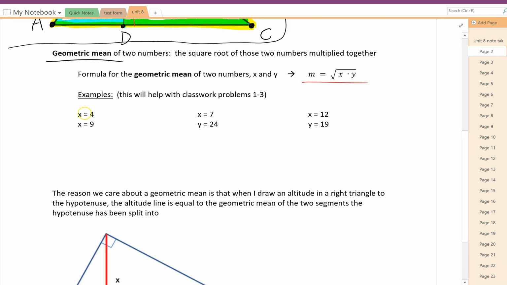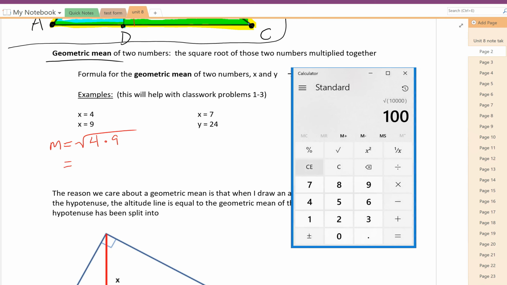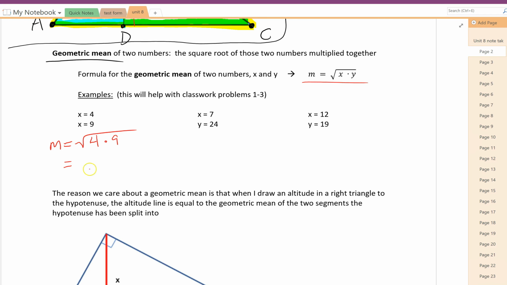So if I want to know the geometric mean of 4 and 9, I would just say the mean is equal to the square root of 4 times 9. So I go to my calculator here, unless you can do this in your head. 4 times 9 equals 36. And then I would take the square root of that, and it would give me 6. All right, so the geometric mean of 4 and 9 is 6.